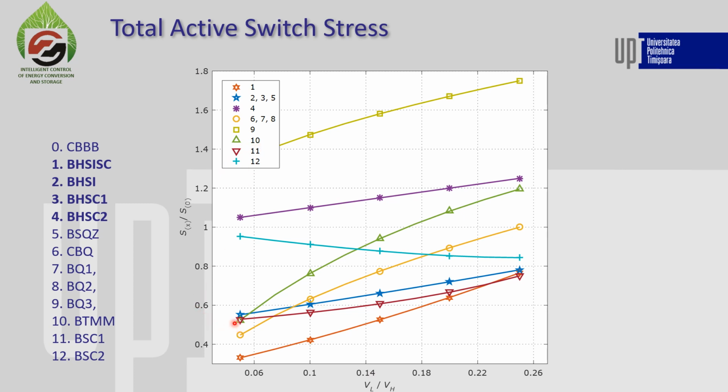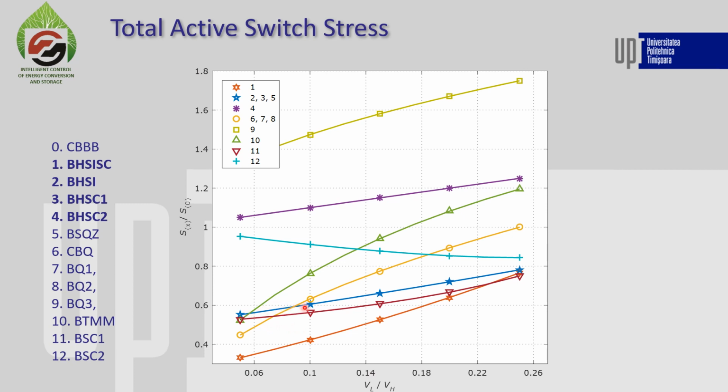But here we have to keep in mind that this analysis does not take into account the current spikes which might occur by connecting the two capacitors in series and charging them.